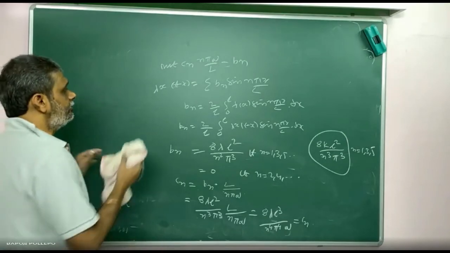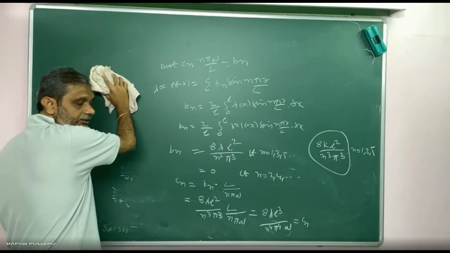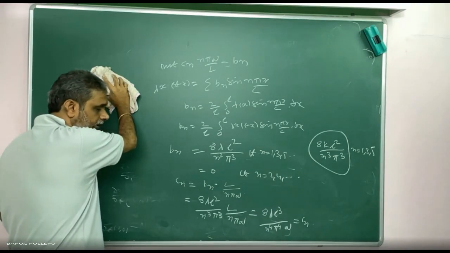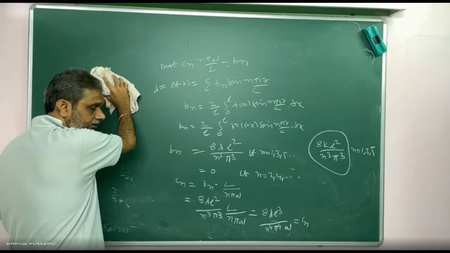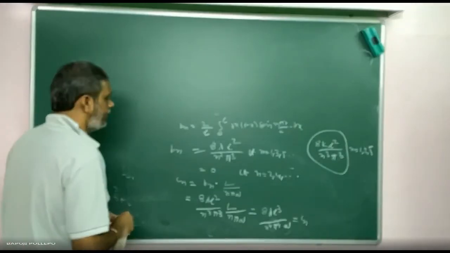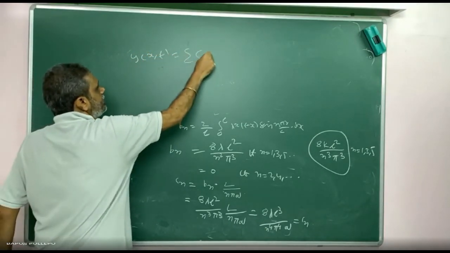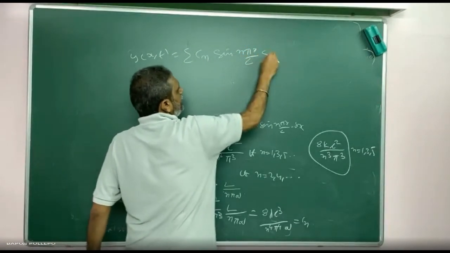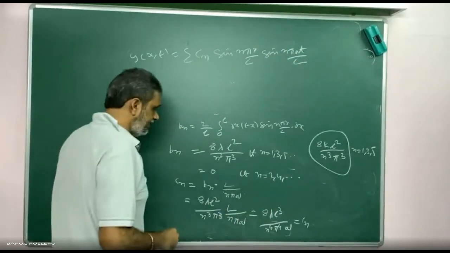Actually, superimposition solution theorem, understanding or not? Clear? Okay or not, please? Yes, sir. Now, what is my solution actually? General solution y of x comma t is equal to sigma Cn sin n pi x by L sin n pi a t by L. Now, what is my Cn now?